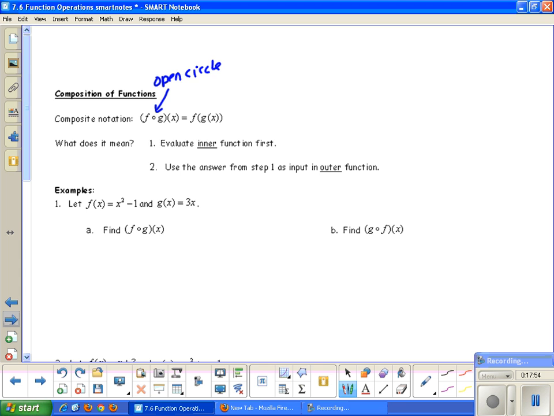So you're saying, Ms. Thorne, what is the inner and outer function? Well, right here, g of x is my inner function, and f would be my outer function. And these are just two different ways of writing it. So I can also do the opposite of that.